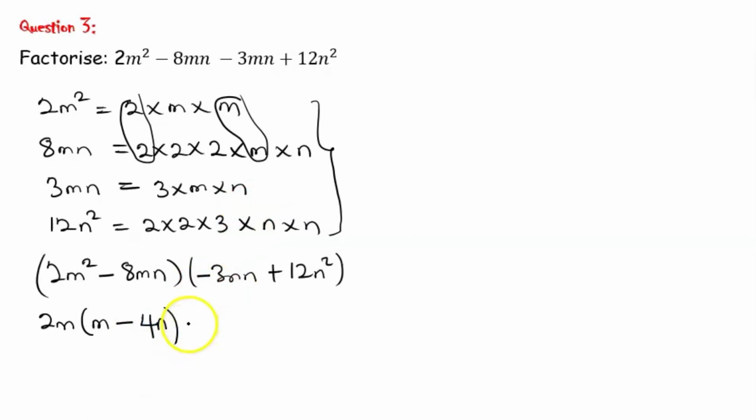Then in this one also, you bring out what is common. Looking at the last two, 3 is common and n is also common. So 3n is what we have. You bring out 3n and open a bracket. What is left after you bring out 3n is only m.